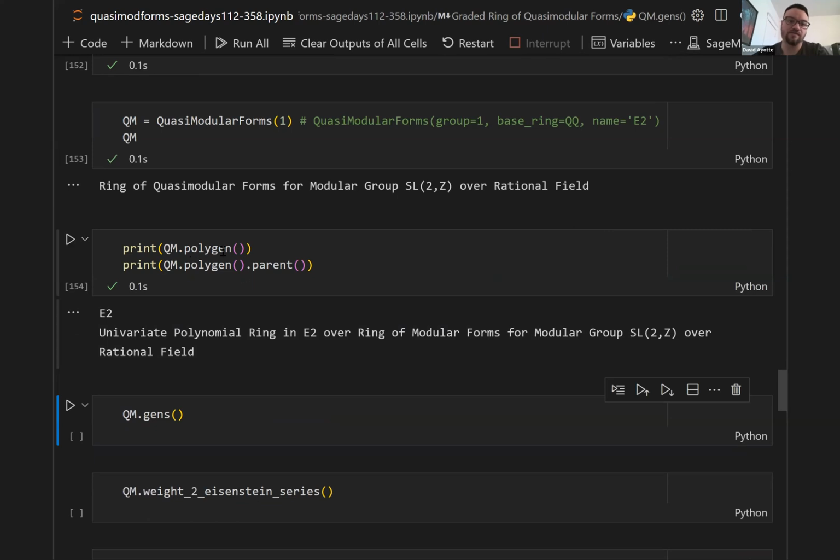You can ask for the polygen here. This will return E2, but E2 as a generator of a univariate polynomial ring in E2 over the ring of modular forms for the modular group SL2Z over the rational field. So this E2 is a generator for this univariate polynomial ring.